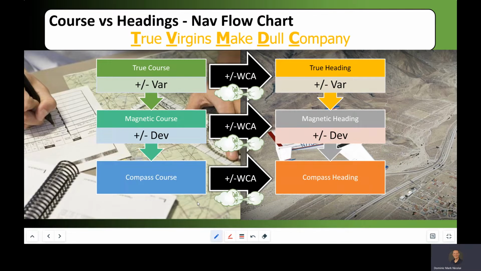But what if I don't have a magnetometer system in what I'm flying? Then I'm going to be utilizing that magnetic compass, and I have to take into account the compass card deviation, and then I can fly a compass heading. So there we go with the way that we flow through the nav chart, and we're going to work through the nav route here.